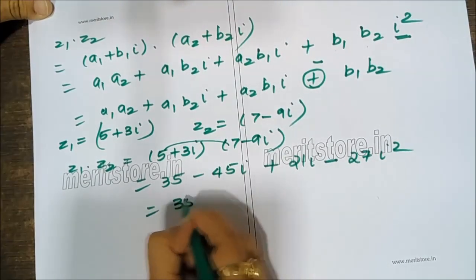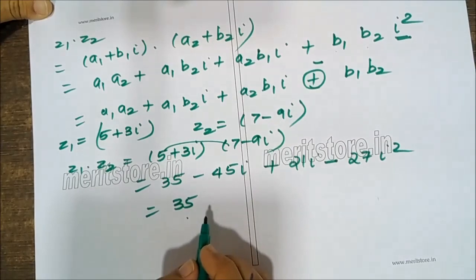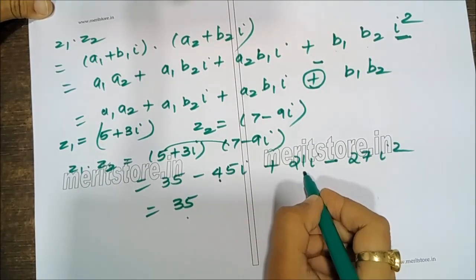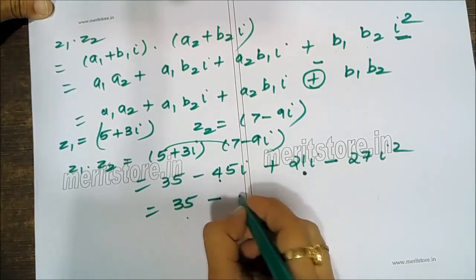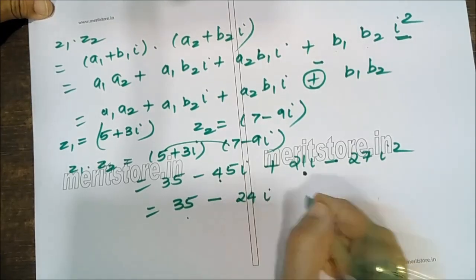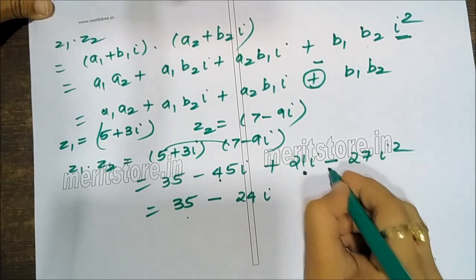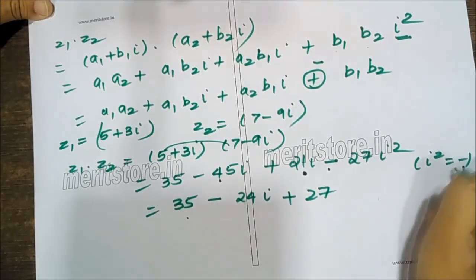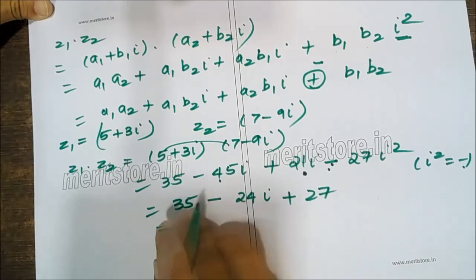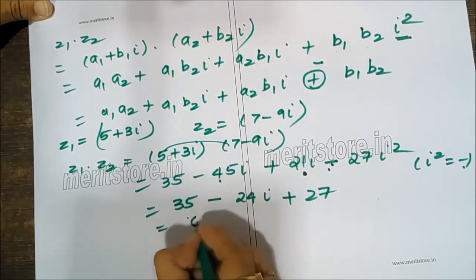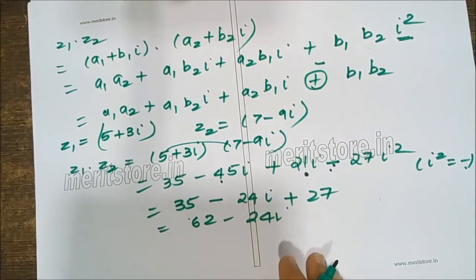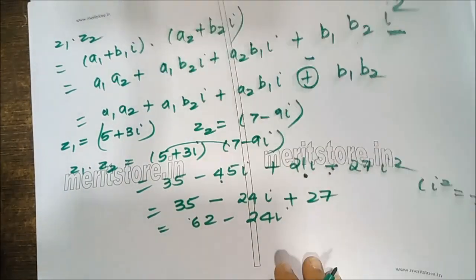Here you will see 35 I am writing as it is, minus 45 plus 21i. What happens? The answer comes to minus 24i. Here minus minus becomes plus because i square is equal to minus 1. So 35 plus 27 will give you 62 minus 24i. This is how we will find the product for the respective function.